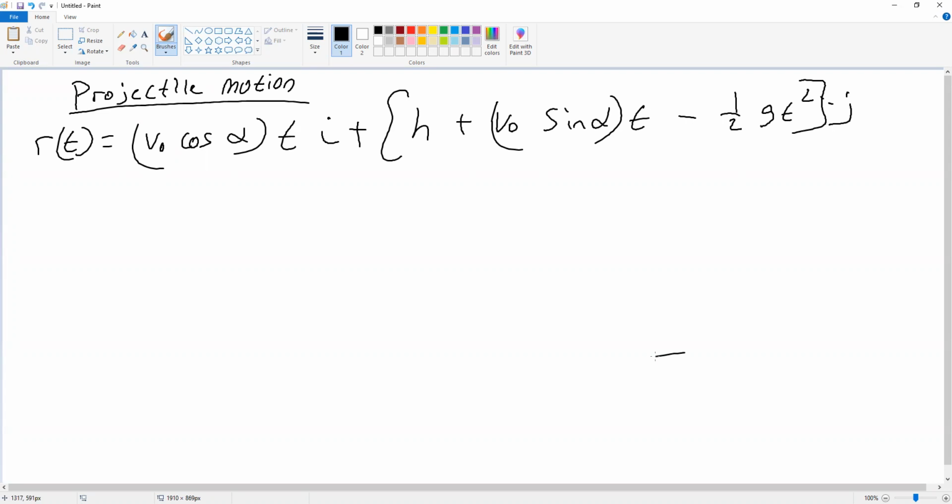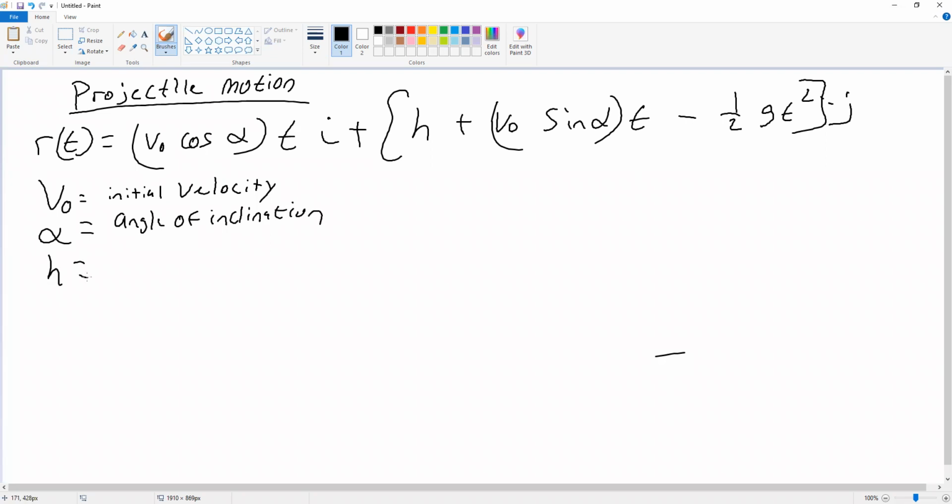All right, so of course we know V naught is going to be what? Initial velocity. Alpha is basically what? Angle of inclination. H is the hard one, right? What's H? Height. We'll put it in parentheses above.